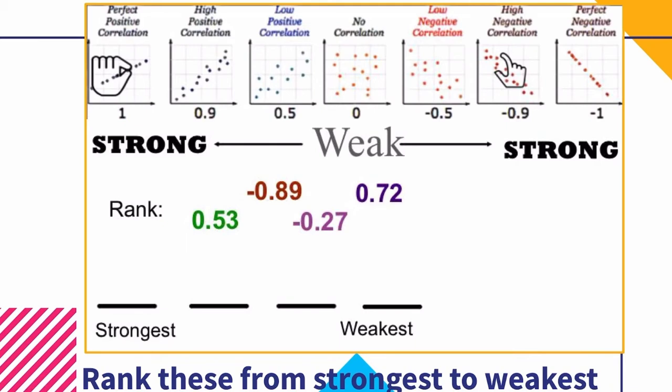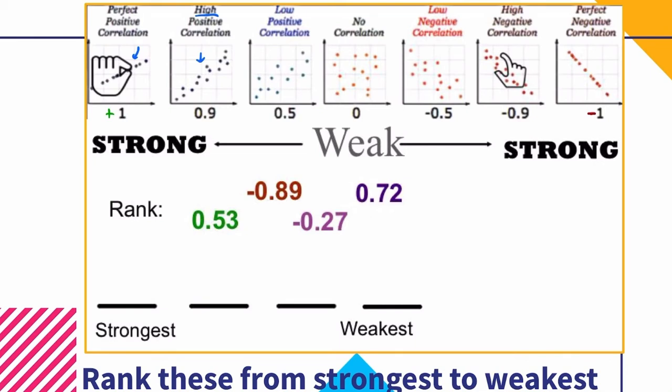Starting at a perfect positive correlation, we have our +1 all the way to our perfect negative. I imagine it as you're pinching these dots together right here. And if you're really strong, you can pinch them very close together. Then when you start to open up your finger a little bit, the dots start to spread a little bit. So it's not perfect, but it's really high up there. It's still very strong, and your ranking drops a little bit from 1 to 0.9.